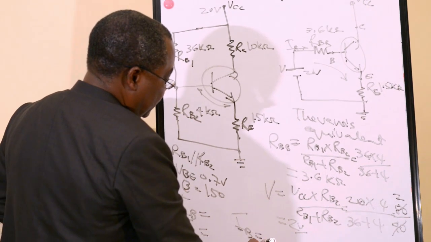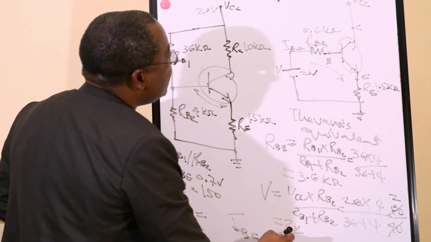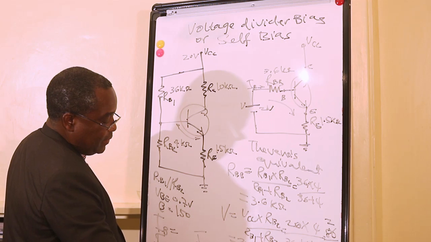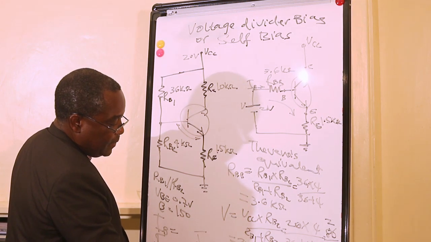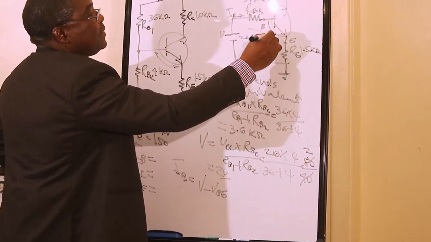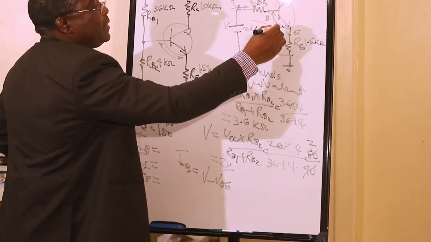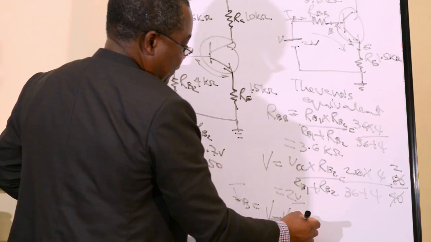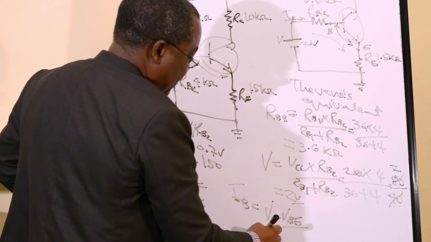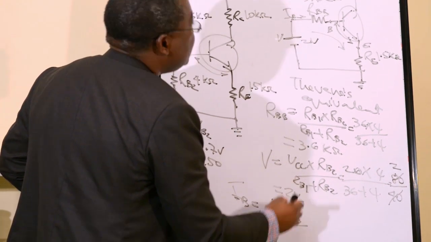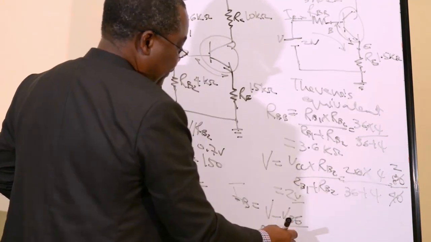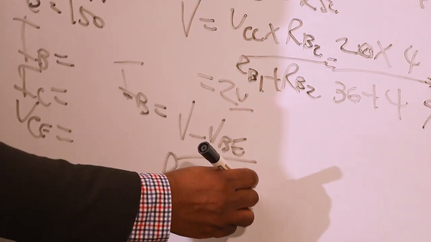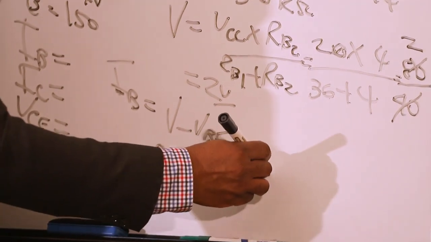So our IB is V minus VBE, VBE is here, over RBB, which is this one, plus (1 plus beta) RE.